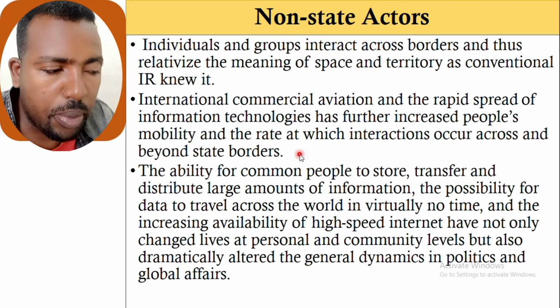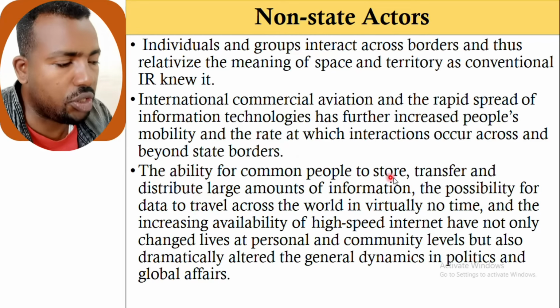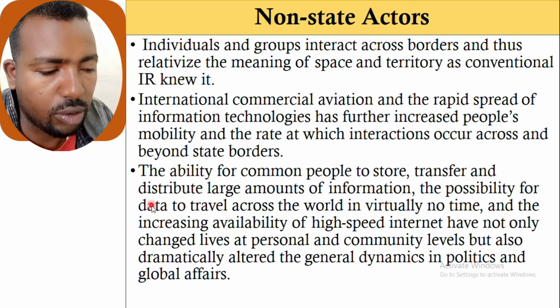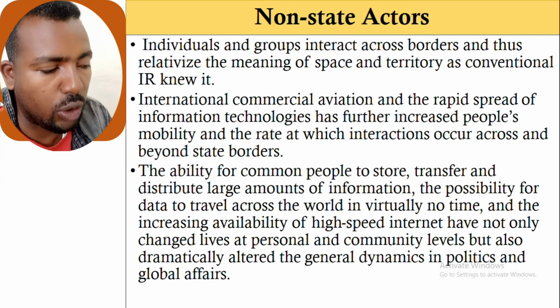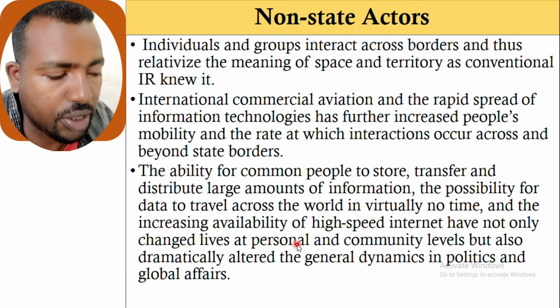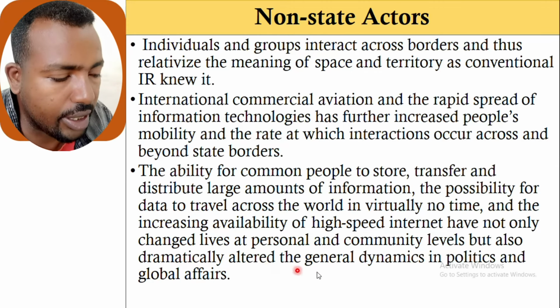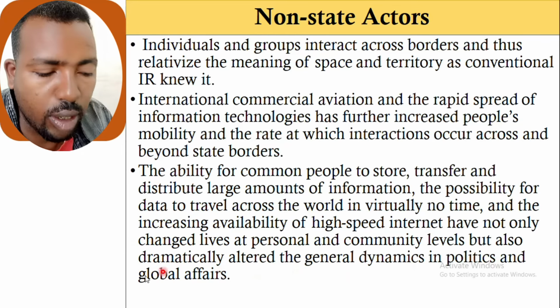The ability of common people to store, transfer, and distribute large amounts of information, the possibility of data to travel across the world in virtually no time, and the increasing availability of high-speed internet have not only changed lives at personal and community levels, but also dramatically altered the general dynamics in politics and global affairs.